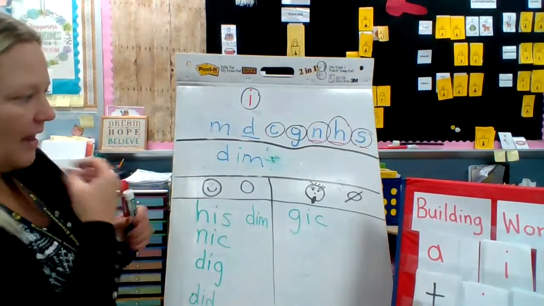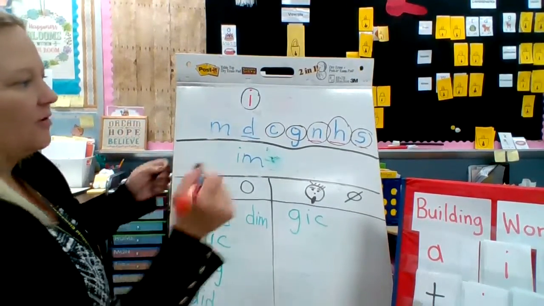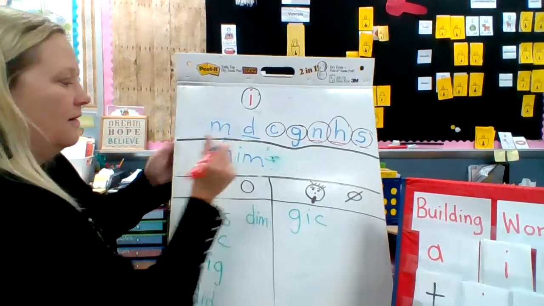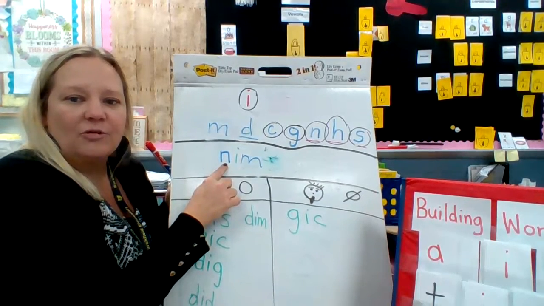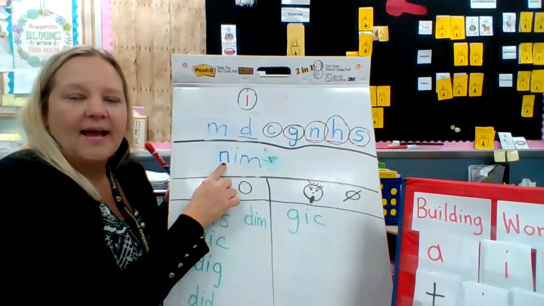Okay, so now I'm going to change the beginning, and I'm going to use N in the beginning. Okay, is everyone ready? So it doesn't say D anymore. Now it says N first. Here we go.